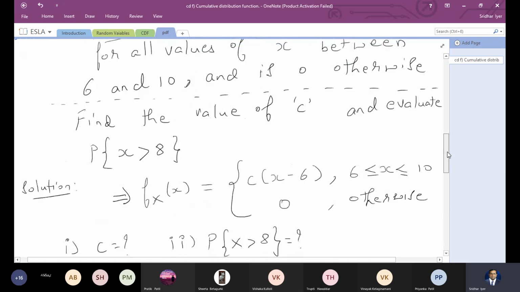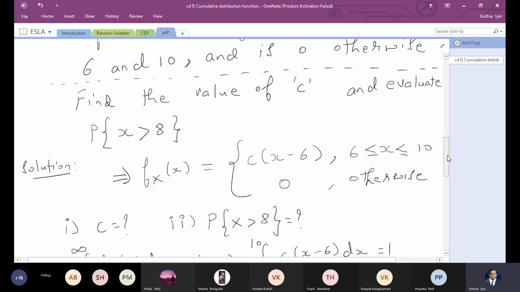So the second part says that we need to evaluate the probability of x greater than 8. Probability of x greater than 8. Now I want you to go back and look at the properties of PDF and see how we can evaluate the probability given an event which has occurred.